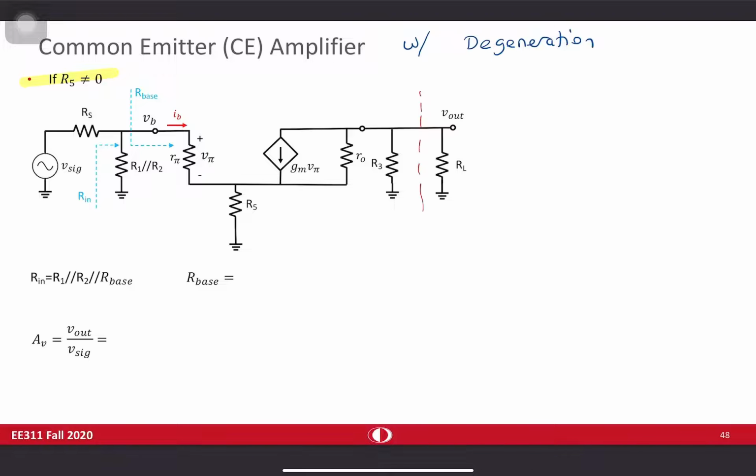This is Rout. I exclude RL, of course. This is Rin, the resistance seen from here, and the voltage gain. And please do not forget to put terminal names for the transistor.